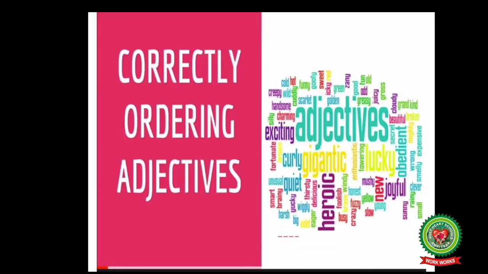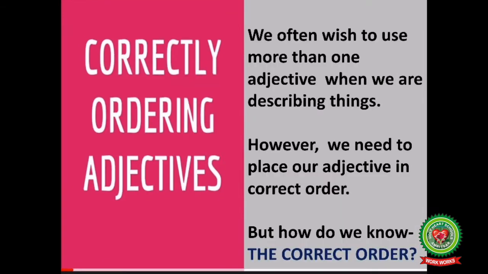Students, as you know, there are a number of adjectives, but the question arises about correctly ordering these adjectives. We often wish to use more than one adjective when we are describing things. However, we need to place our adjectives in the correct order. But how do we know the correct order?